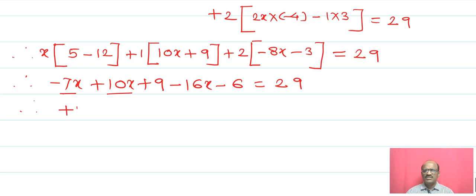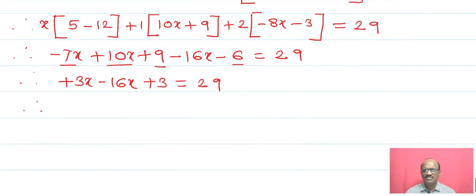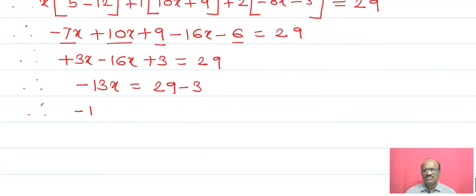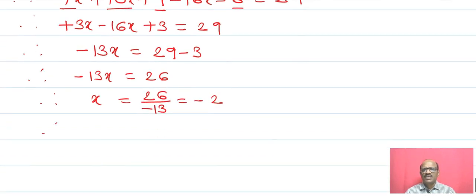Now this is a very simple linear equation in one variable, that is 3x minus 16x plus 3 equals 29, therefore x is equal to 26 upon minus 13, that is x is equal to minus 2.